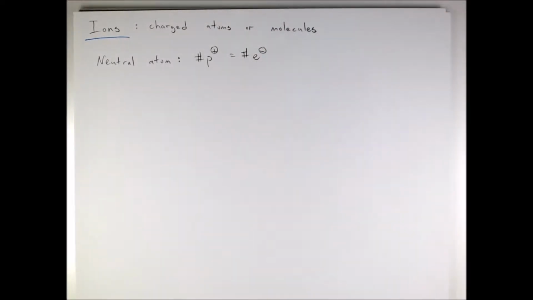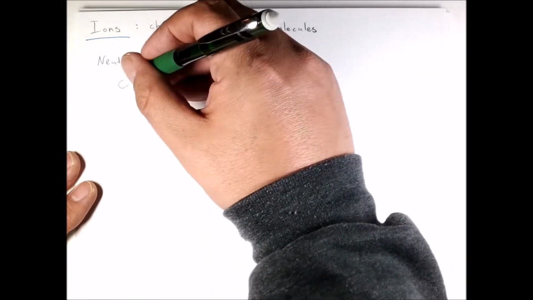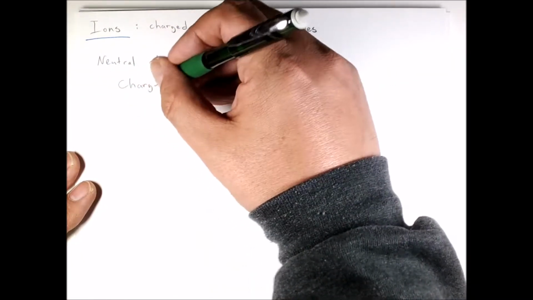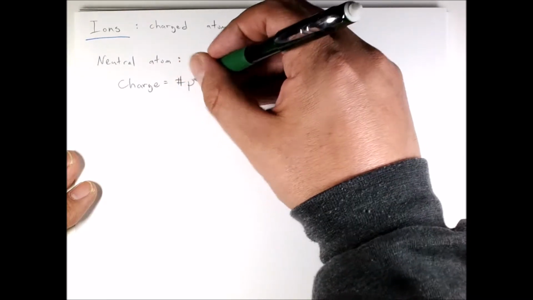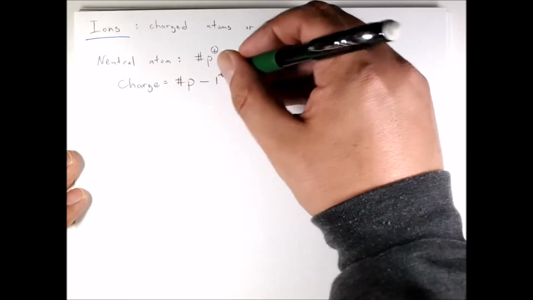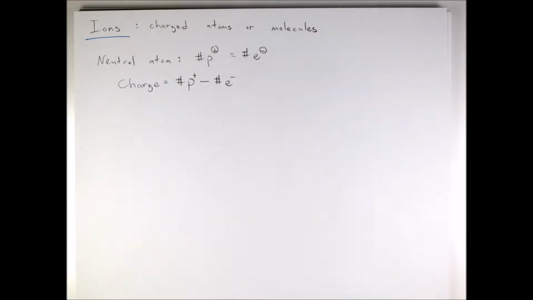All right, so we're going to use that to help us figure out what charges on particular atoms and elements should be. So it works out where the charge is equal to the number of protons minus the number of electrons. And I'm going to go ahead and put the little symbols there so you know what the charges should be.